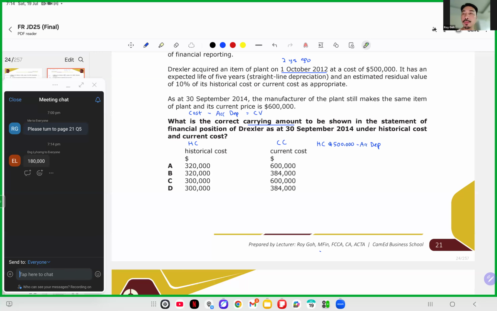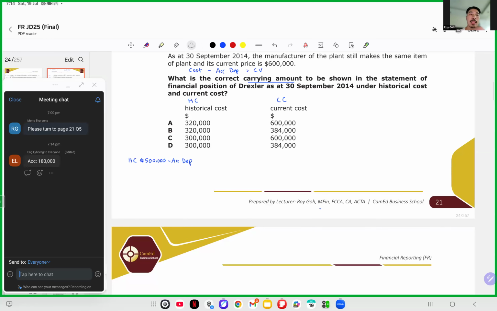Let me show you. I think I need more space. Okay, let me push it a little bit lower. Accumulated depreciation. I take the same historical cost. I minus a 10% residual value. 10% of $500,000 is 50,000. I divide by the useful life of 5 years.